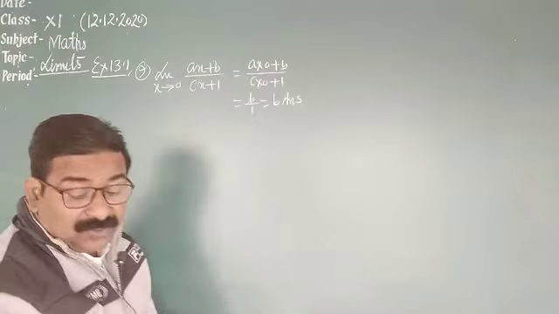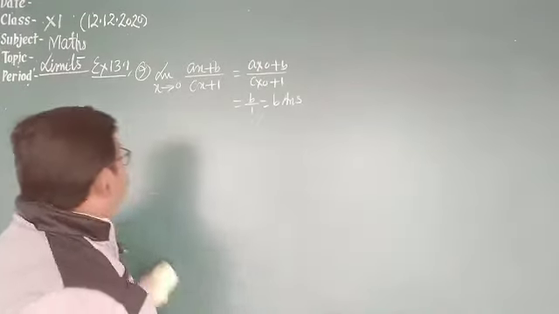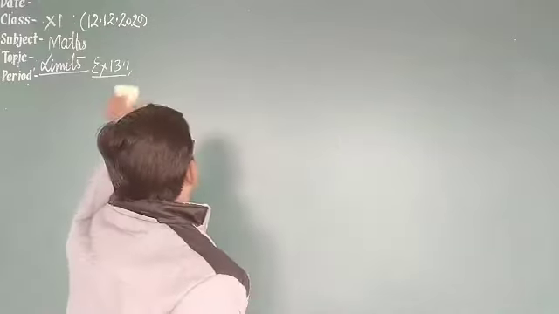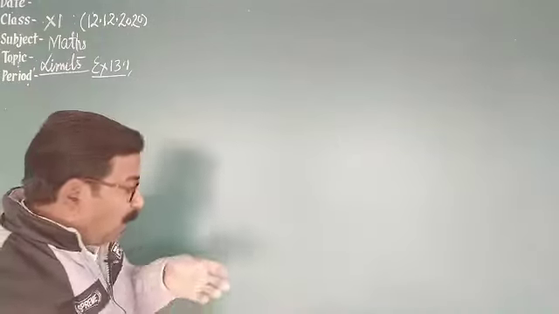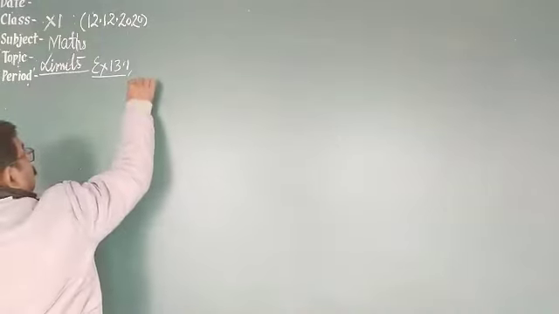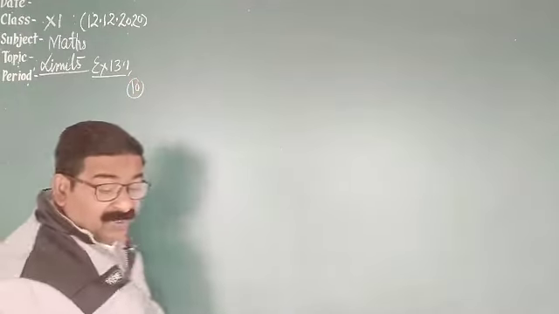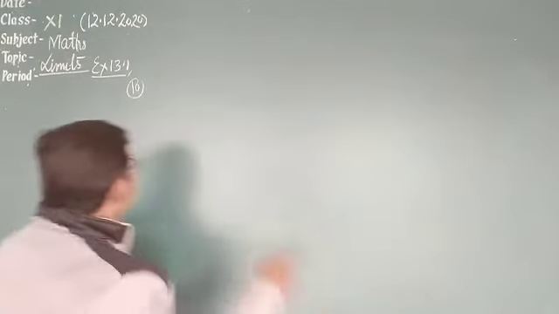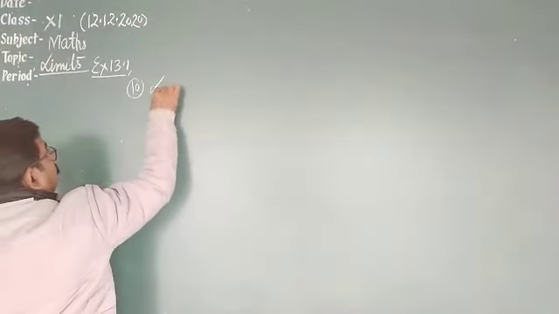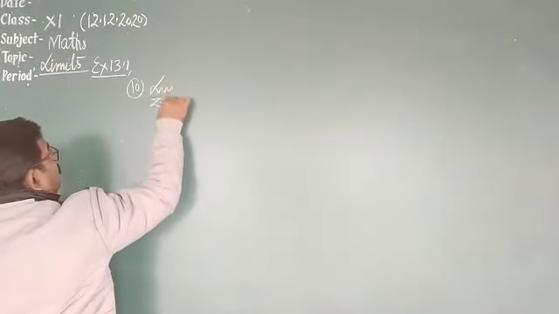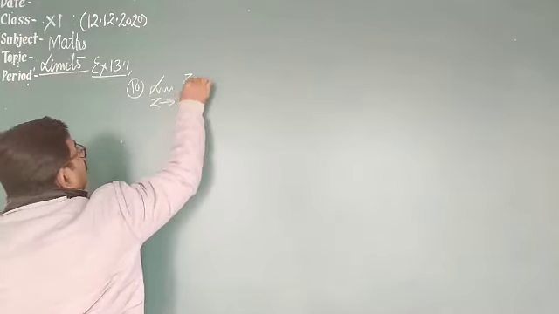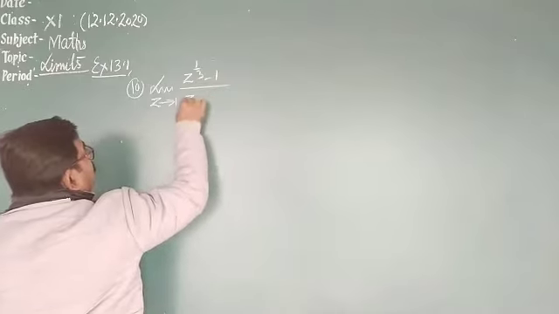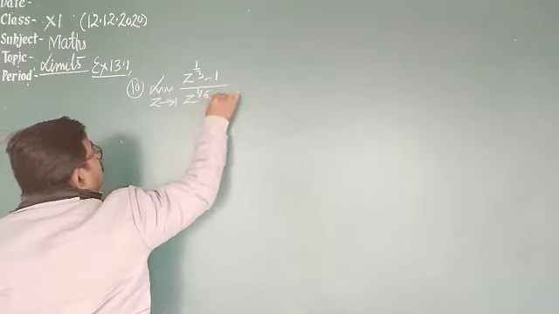Now question number 10. Tenth question is limit z tends to 1, z to the power 1 upon 3 minus 1 upon z to the power 1 upon 6 minus 1.